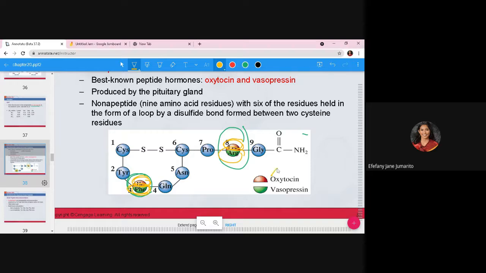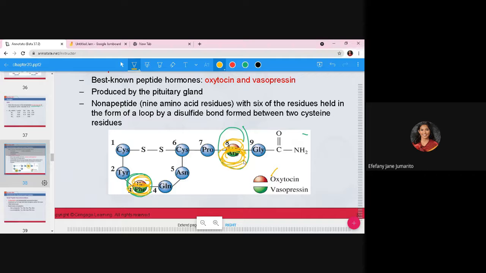Now your oxytocin, or your happy hormone, for nursing mothers, it also regulates milk for those who are lactating. And then your vasopressin regulates excretion of water in the kidneys. So just a slight change of your amino acid will cause a different function.